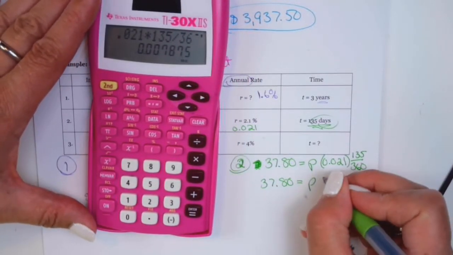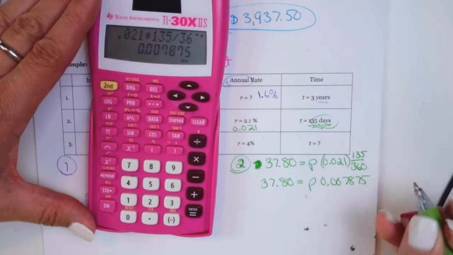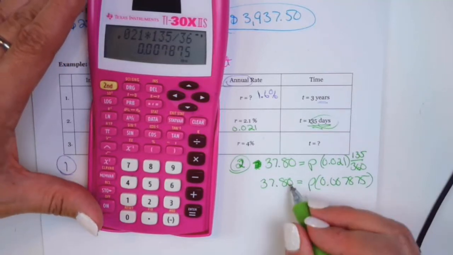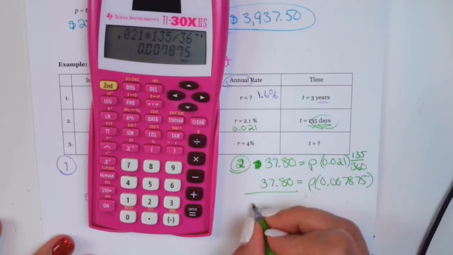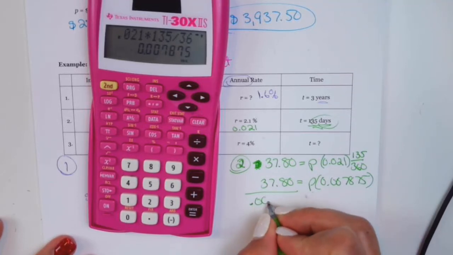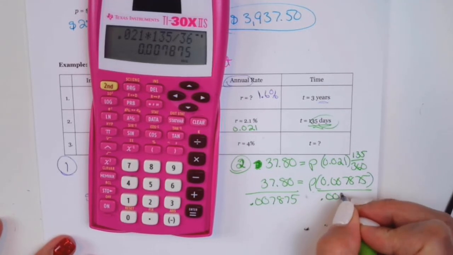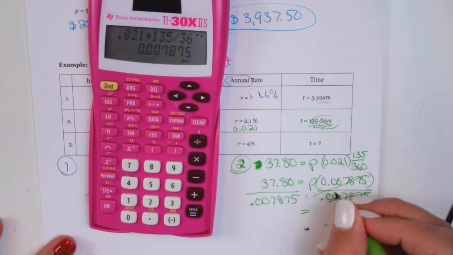And I get a decimal, 0.007875. I'm not going to round it at this point. Now we want to divide by this decimal on both sides, so we're dividing by 0.007875 and the same thing here. And these cancel each other out, or they become a 1.